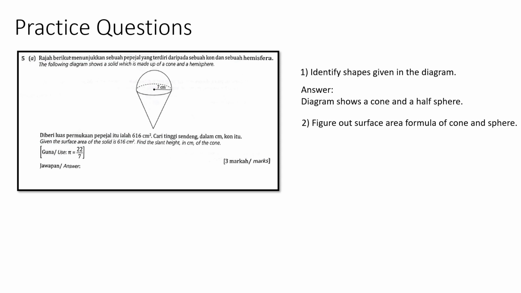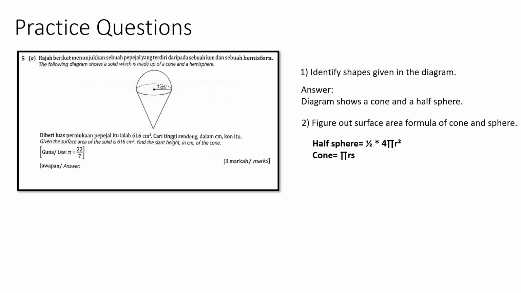So that's why you cannot use the formula of pi rs plus pi r square. You need to remove the pi r square because the pi r square is referring to the surface area of the circle, which now has been removed. So your formula for the cone now will be pi rs only. This pi rs belongs to the curved surface of the cone.